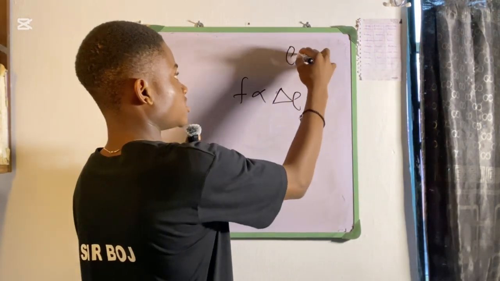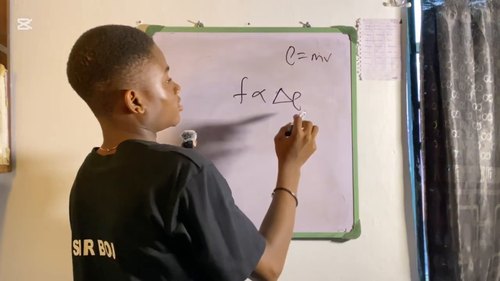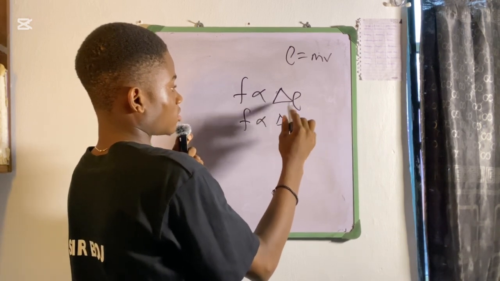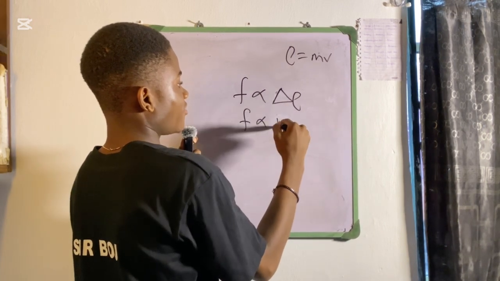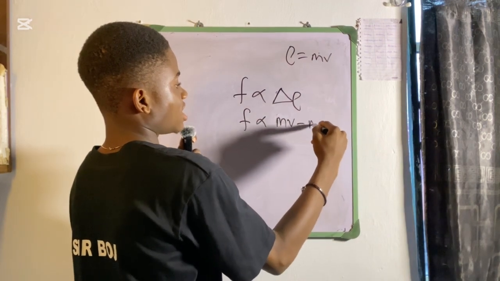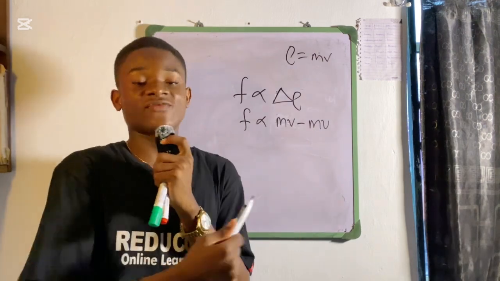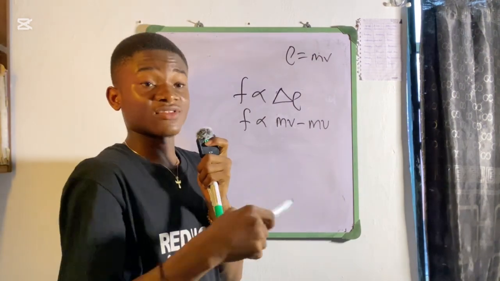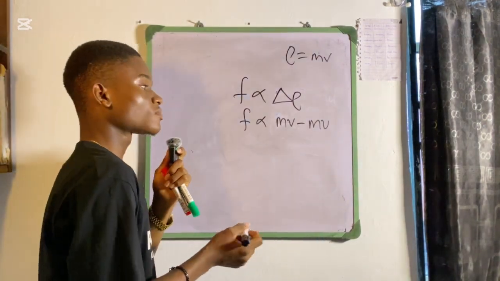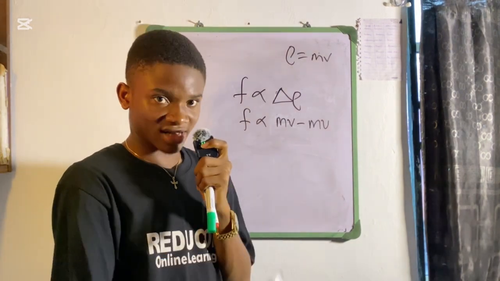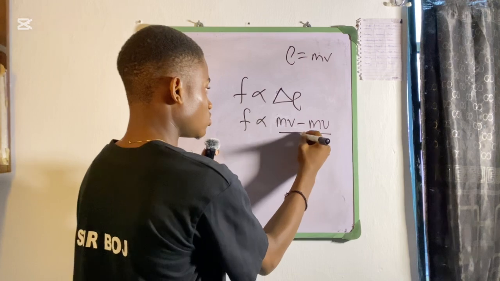So if momentum is equal to mv, that means F is proportional to mv minus mu, where u is the initial velocity and v is the final velocity. And remember, the mass of the body is constant. Okay, so it is proportional to the rate of change? The rate of change means over time, right? So we're going to divide over t.